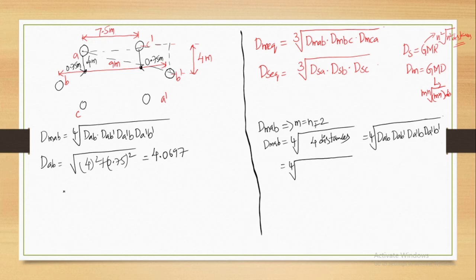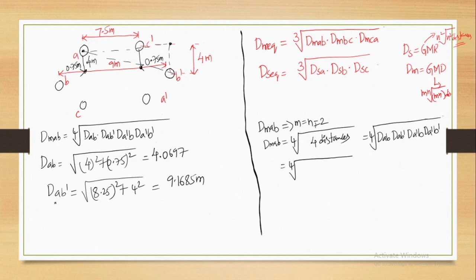So DAB dash is equal to the root of 8.25 square plus 4 square, where 8.25 is the horizontal distance and 4 meters is the vertical distance. If you evaluate this, it comes out to be 9.1685 meters.